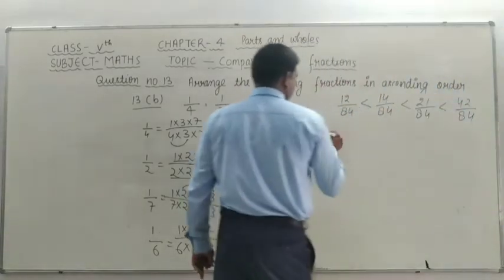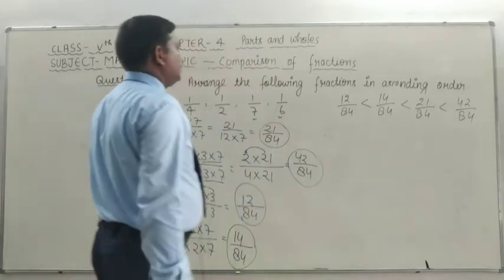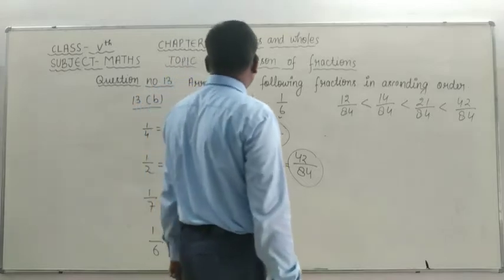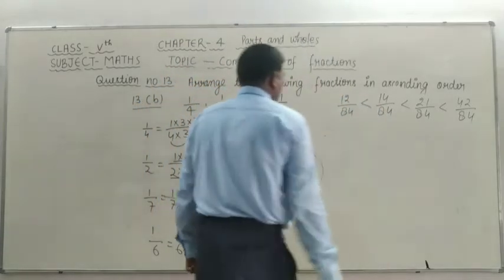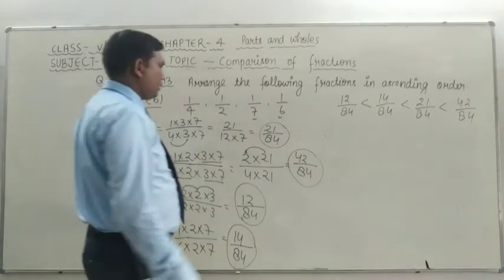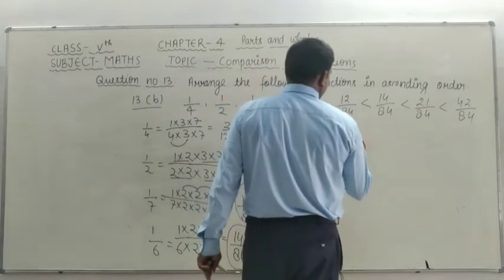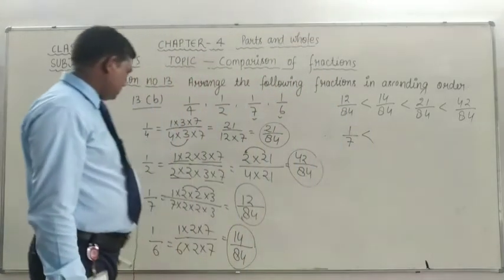Okay, students. Therefore, the fraction is 1 over 7. Here we have to take 1 over 7 in place of 12 over 84.